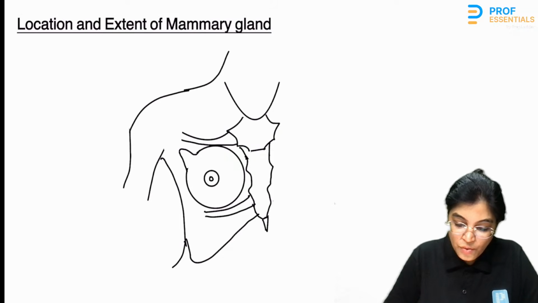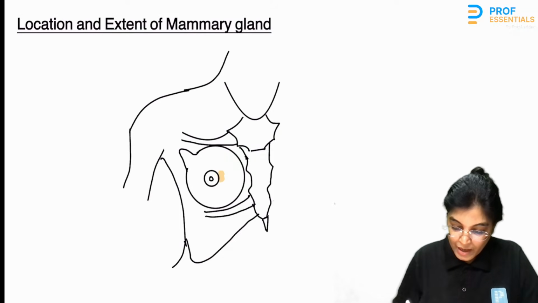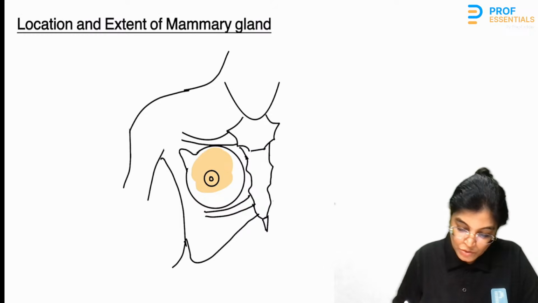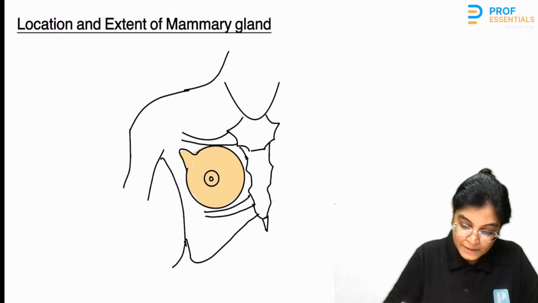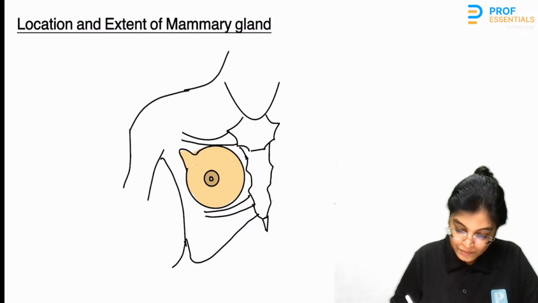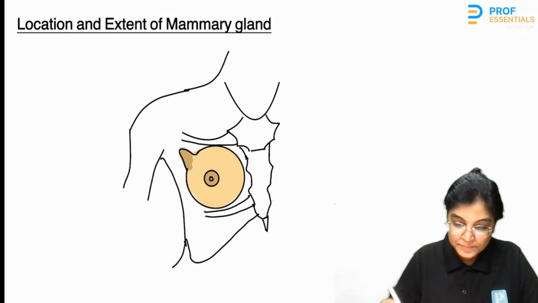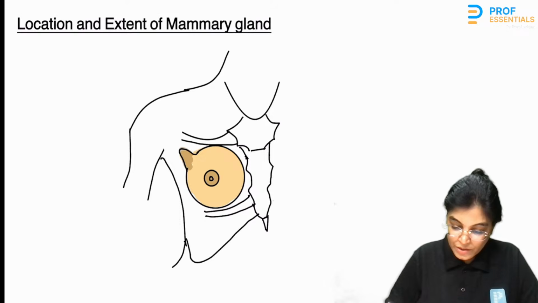Okay, so now I am using just an orange color for showing the mammary gland. Yeah, we can use the bony structures with gray color.